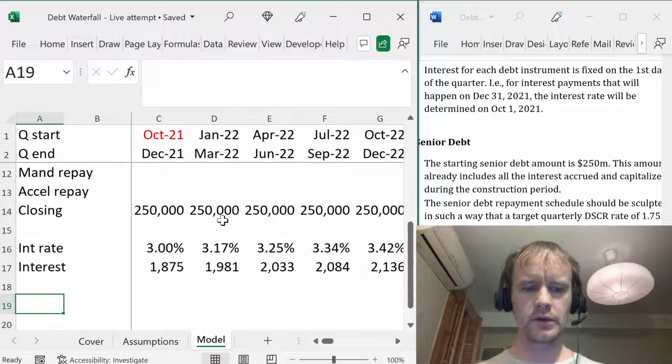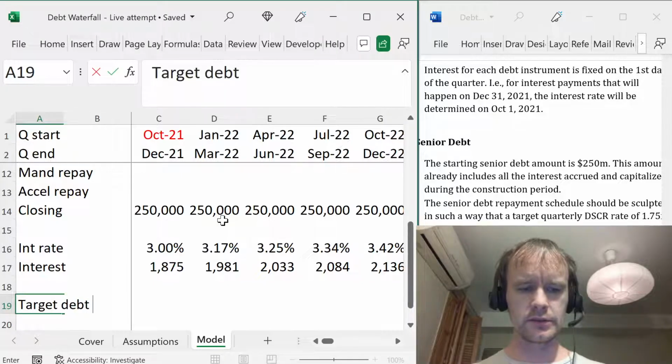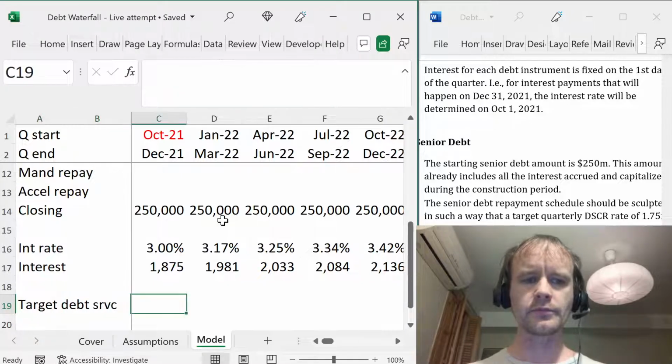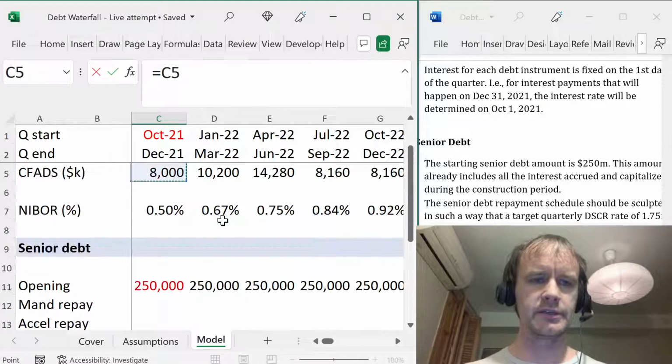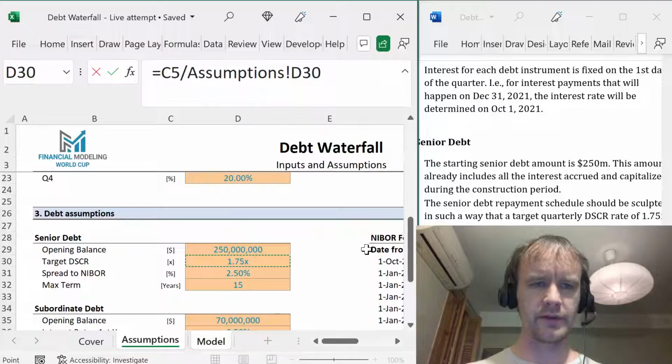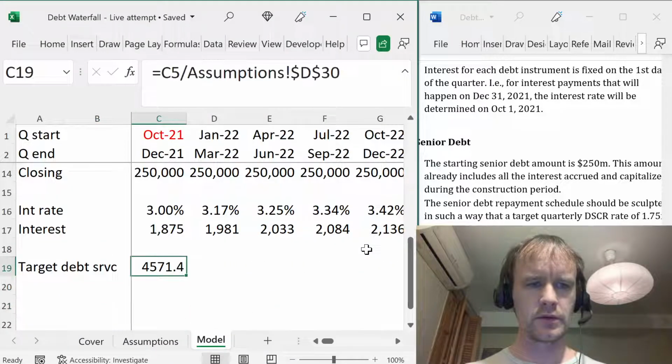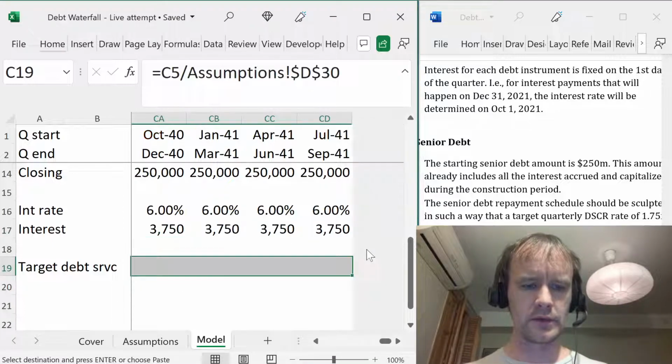So now, let's say target debt service. Target debt service is your CFADS divided by this 1.75, which we'll lock in. And again, we'll format that and then copy it across.